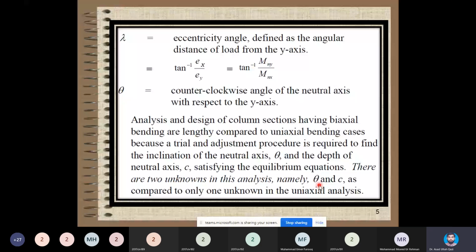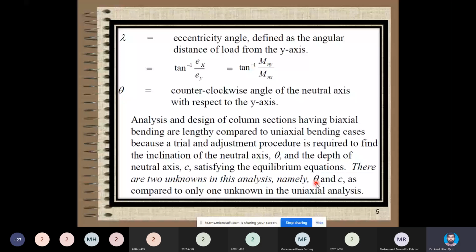Once we assume them, I will calculate accordingly and I will get P, Mx and My. If those P, Mx and My are close to the given question P, Mx and My, I will say I am successful in locating that point.